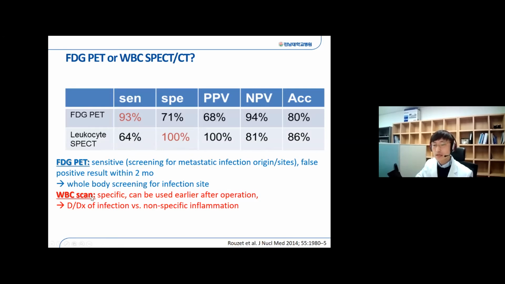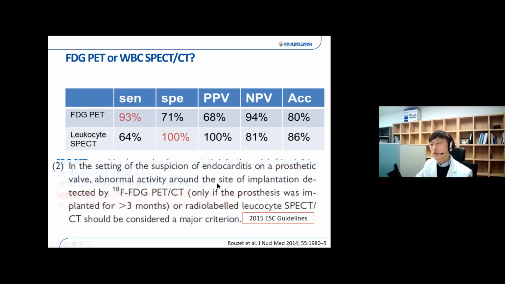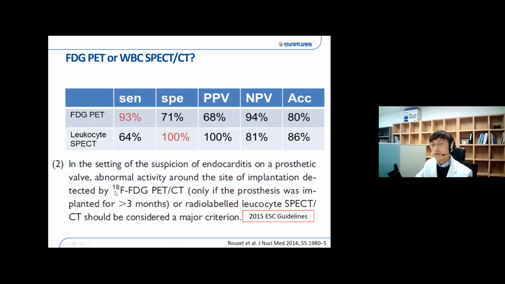And the WBC scan can be used for a specific definition of the infection, which needs differentiation from non-specific inflammation, such as postoperative changes. So the current guidelines recommend that FDG PET not be performed before 3 months after surgery. And then the WBC SPECT CT can be considered as an available replacement for FDG PET.